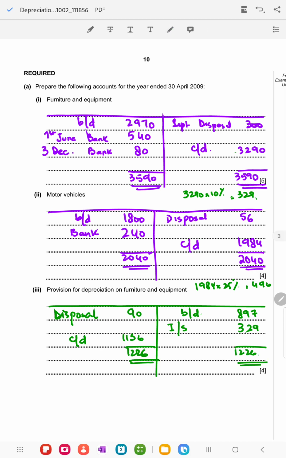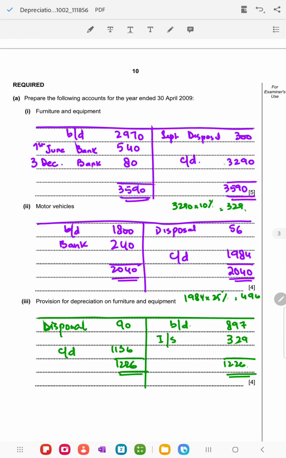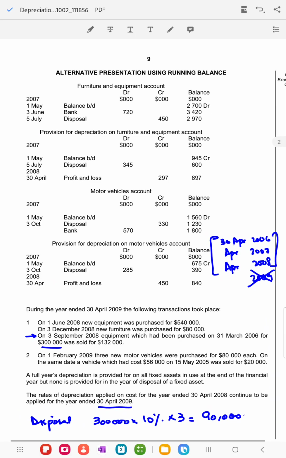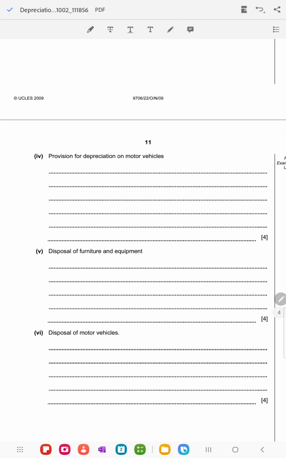Okay, let's make this one, provision for depreciation on motor vehicles. Let's find out the opening value for motor vehicles. The opening value for motor vehicles account would be 840. Let's go to this account, start making it. Brought down 840. The depreciation that we have calculated goes to income statement.